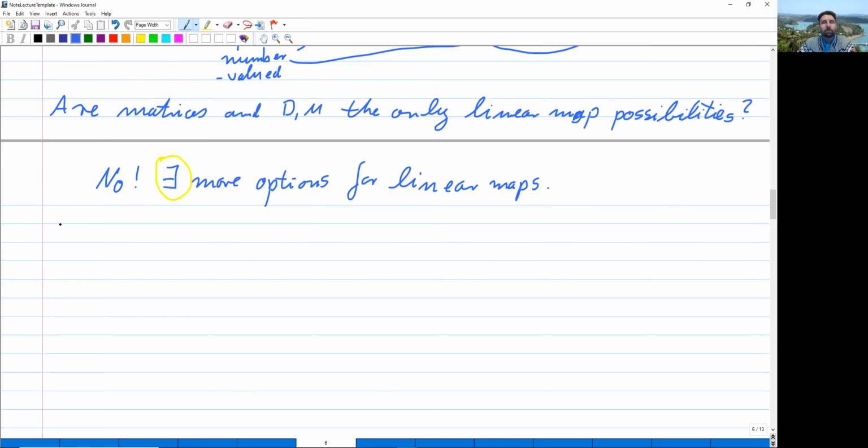Now, we don't have to worry that we bet on the wrong horse here, because fortunately, there is the so-called Stone and von Neumann theorem.